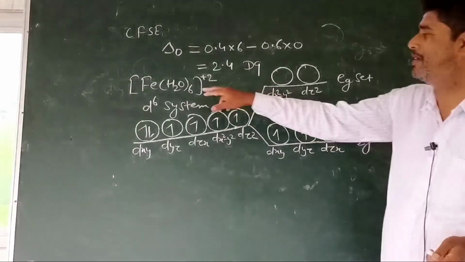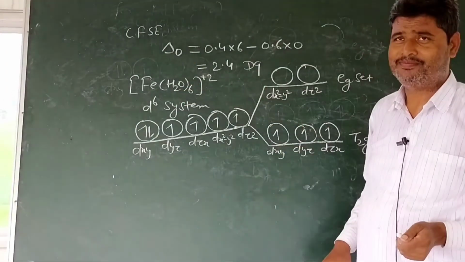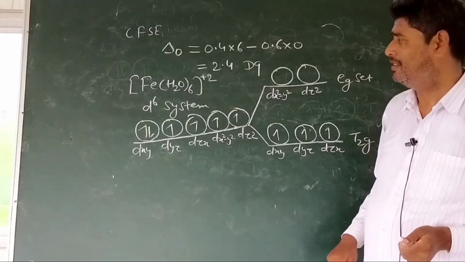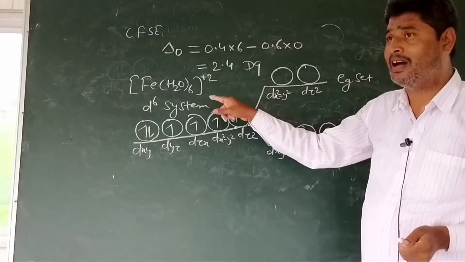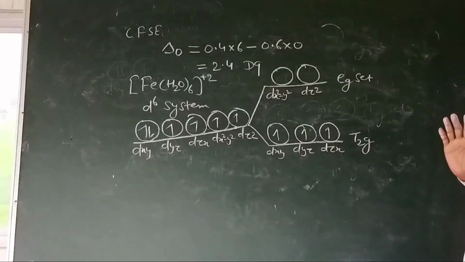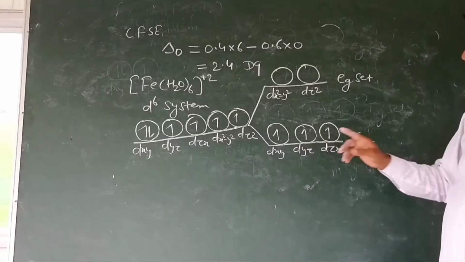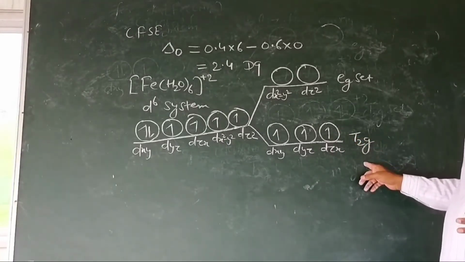Here our ligand is water. Water is a weak ligand. So a weak ligand does not have the capacity to start pairing in T2G. Without any doubt, electrons first enter T2G.